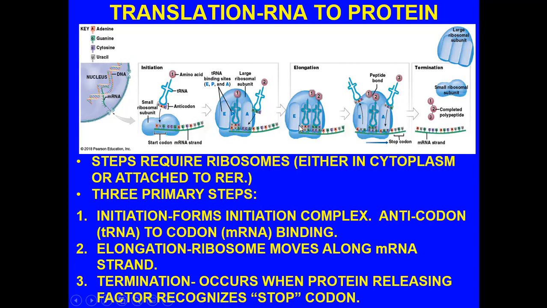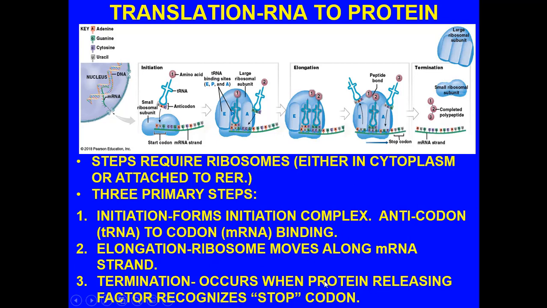The next step is elongation. This is where literally the ribosome moves along the messenger RNA strand. So it's going to go ka-chunk, ka-chunk, ka-chunk, ka-chunk, and the messenger RNA is going to pass through it. Every place that you've lost your tRNA, that gets kicked out. There are other enzymes that are involved to add on a replacement amino acid for subsequent use. And eventually you come to the termination part, which is where basically you come upon a stop codon.